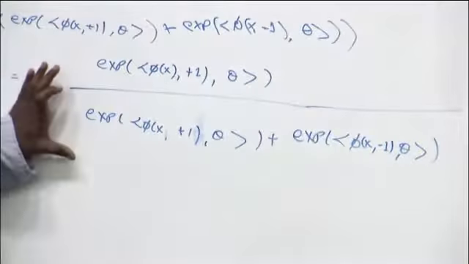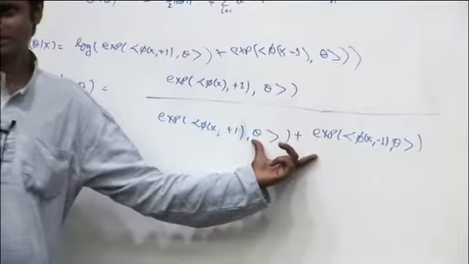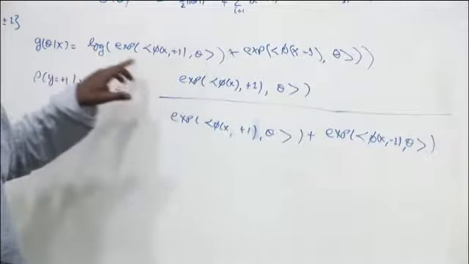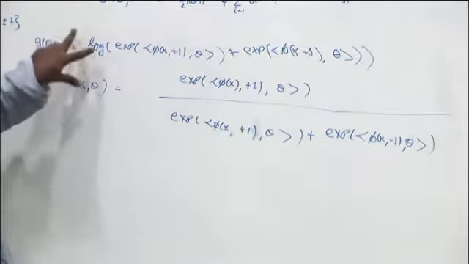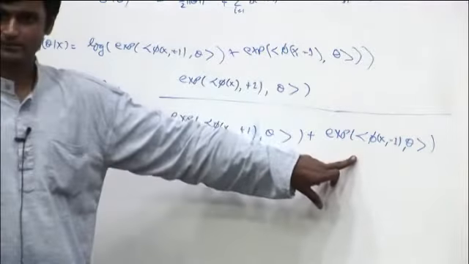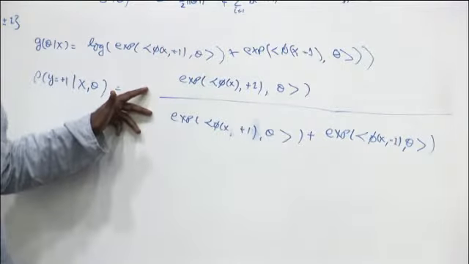Clear? Because there are only two possible cases, y can be either +1 or -1. So my normalizer is the log sum exp. If I have the exp of the log, those two cancel, and I'm just left with exp and exp. So I get exp plus exp. And clearly you can see this is a density, because it sums to 1.